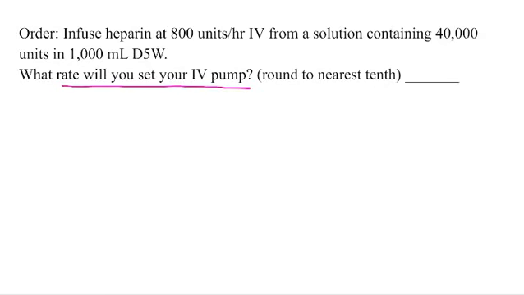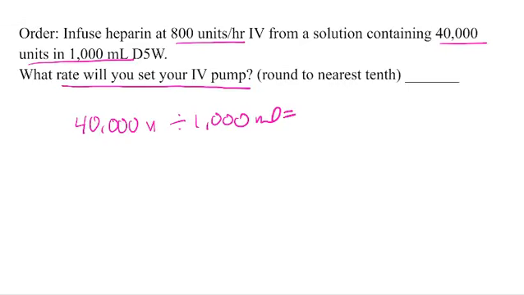All right, rate where you set the IV pump. And what do I have here? I have infused heparin at 800 units per hour from a solution containing 40,000 units in 1,000 milliliters of D5W. All right, and this is one where I see all these crazy zeros. So I'm going to take my 40,000 units and divide that by 1,000 milliliters and I get 40 units in 1 milliliter.